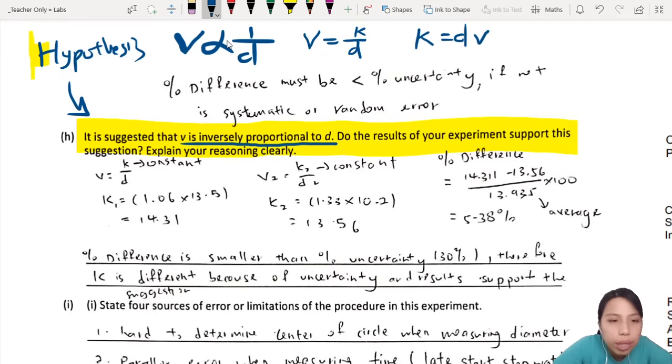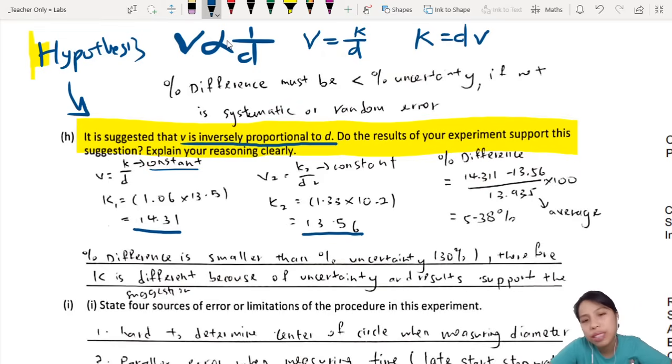Let's see, did the student calculate? Yes, constant. So this student calculated K1 to be 14.31. K2, based on the values from the earlier section, is 13.56. Wow, you see, not the same. This one and this one are supposed to be the same, but a little bit different. So that's when you have to use your percentage difference to see how many percent different these two values are.